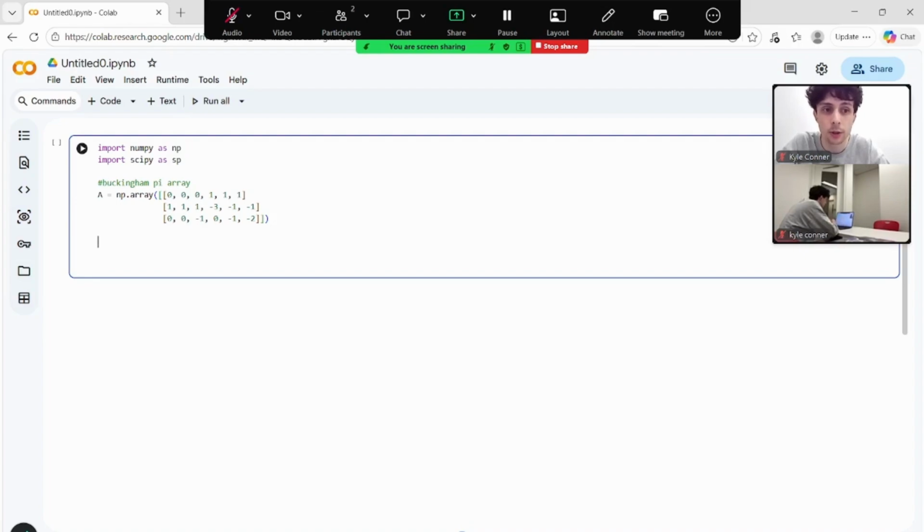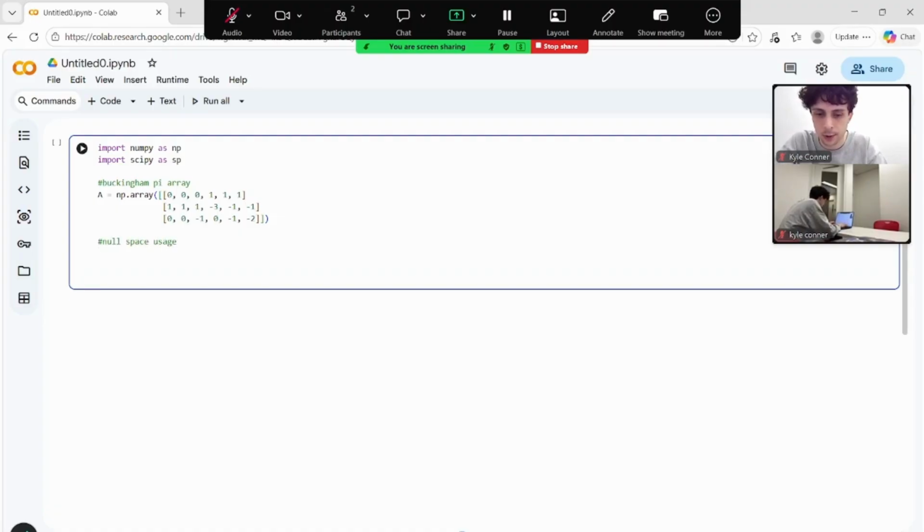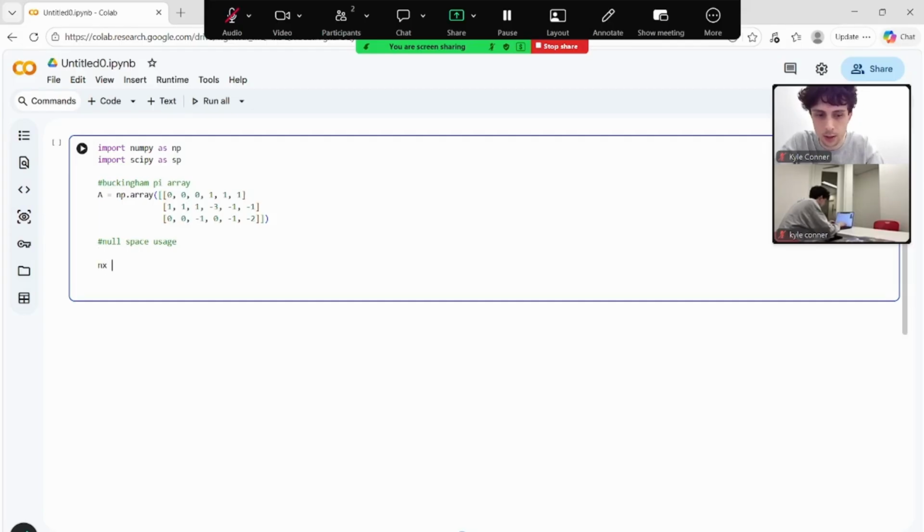I'll be using the term nx is equal to sp, then a linear algebra function, and then the null space.